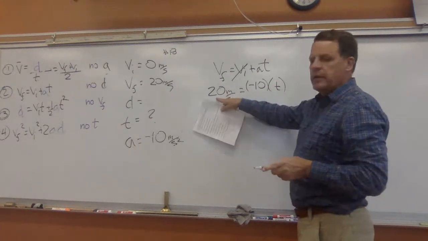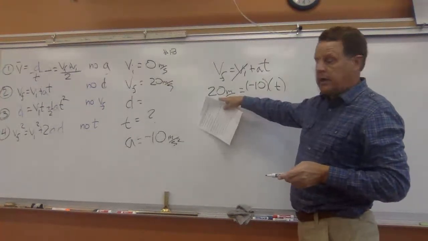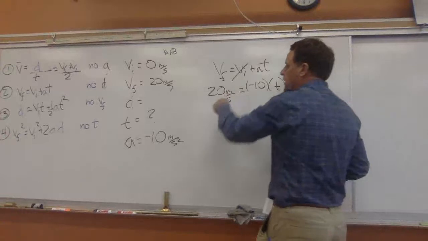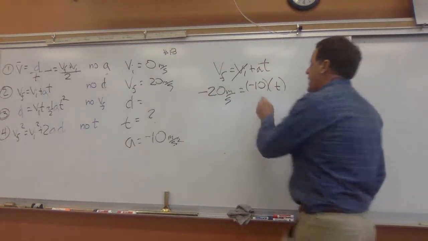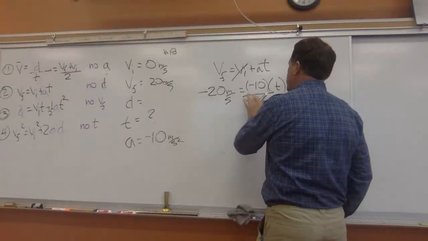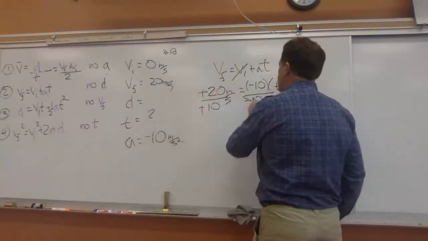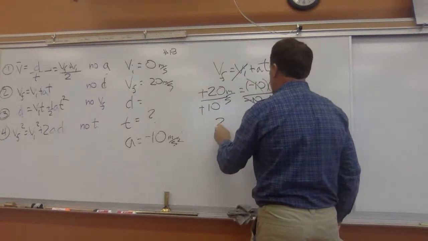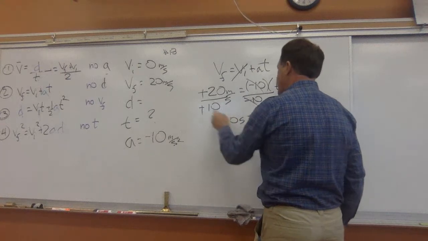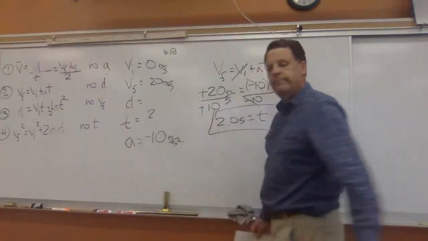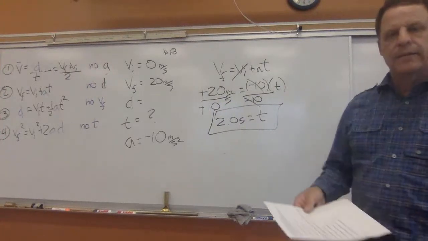Now, if we think about this, it says, how long does it take its speed to increase to 20? But remember, it's going down, so that's really -20. And now we're going to divide both sides by -10. Negatives cancel out, so we're going to end up with 2.0 seconds is equal to our time. All right, so that is number 18.